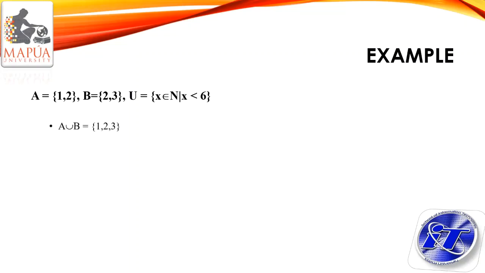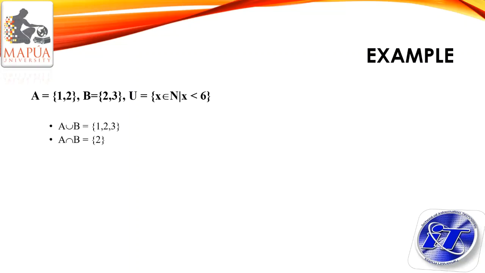So for A union B, we're going to combine all elements of A and B. Now we have a set that contains 1, 2, 3. And if we're talking about intersection, we are defining what is common between the given sets. So A intersect B is 2.